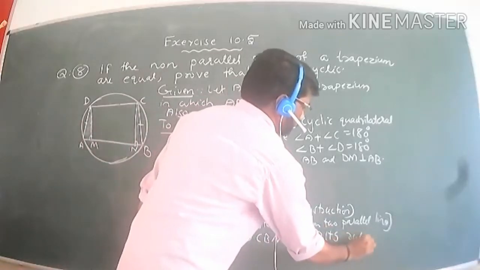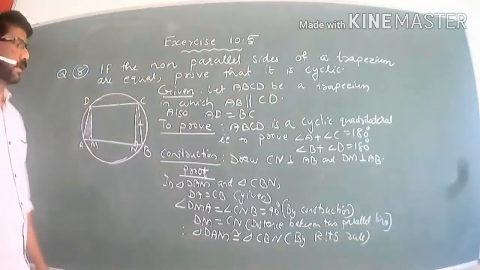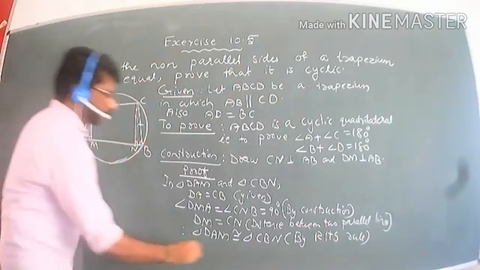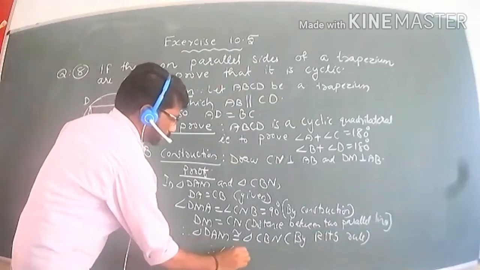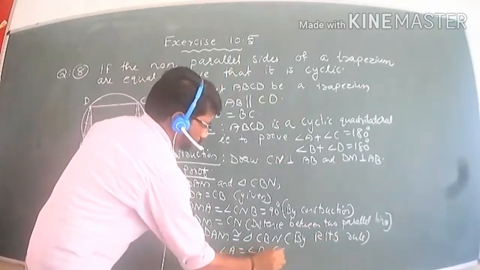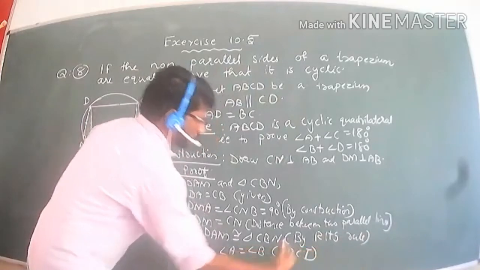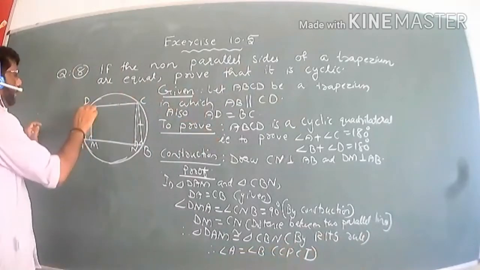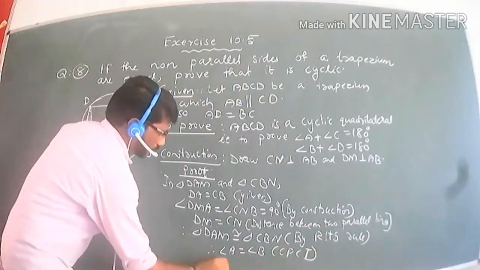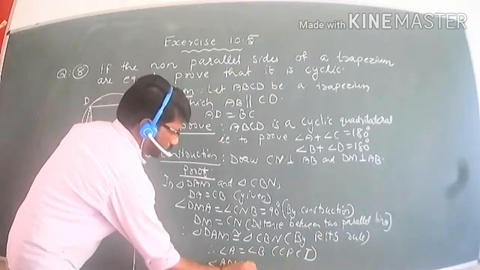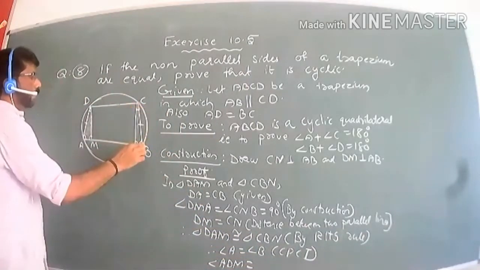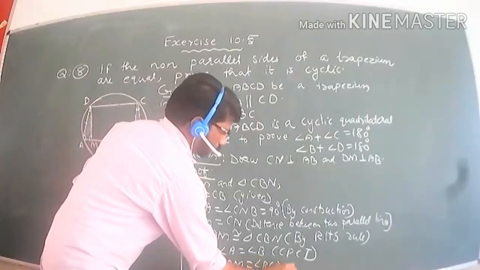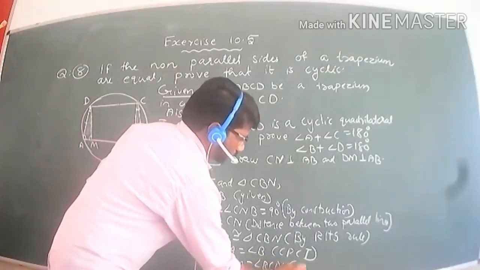If they are congruent, we can say that angle A and angle B are equal. Therefore, angle A is equal to angle B by CPCT, corresponding parts of congruent triangles. Similarly, angle ADM is also equal to angle BCN, that is also by CPCT.